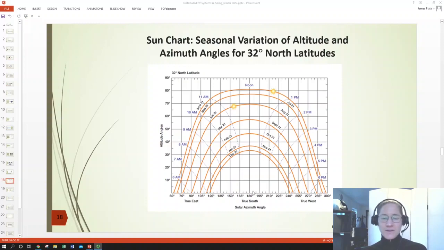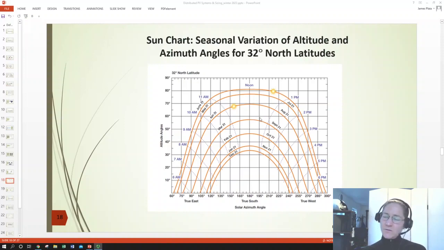So true south is in the middle and true west is way over at the right, etc. So the sun will seem to swing from east to west, even if you're just looking straight south. And of course the angle in the sky will go up as we approach midday. That angle will be lower in the winter than in the summer.